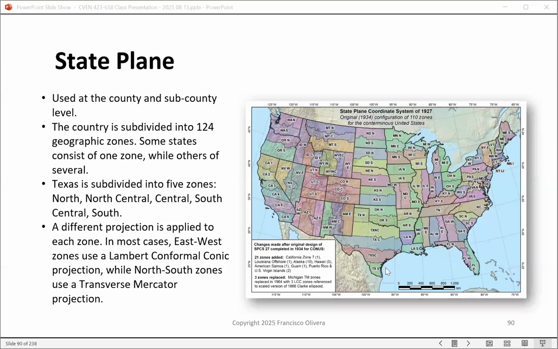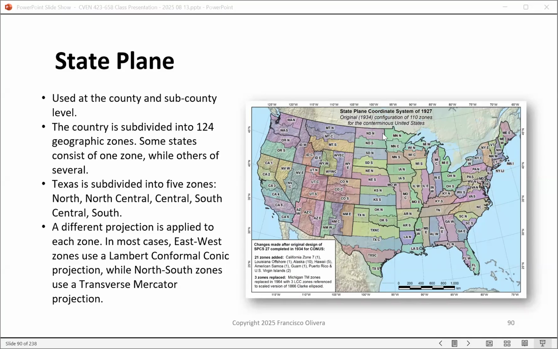And most likely the standard parallels here are going to cross the area. So the standard parallels here are going to be somewhere in the Texas South area, and in North Dakota North they are going to be somewhere up here. So the standard parallels are different. The cone is going to be different. The projection is going to be different.